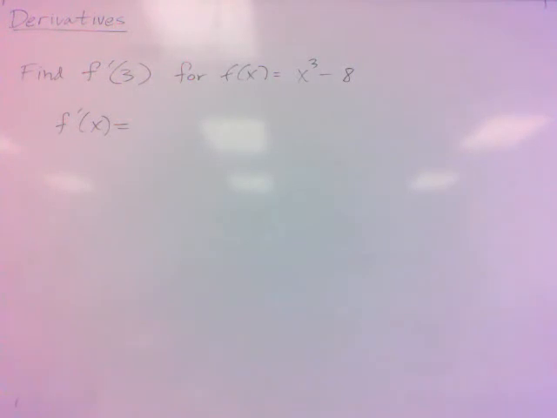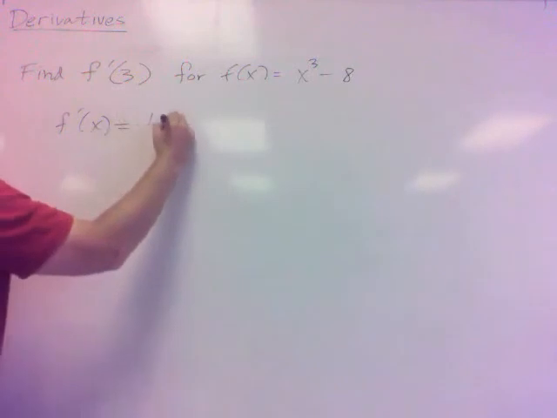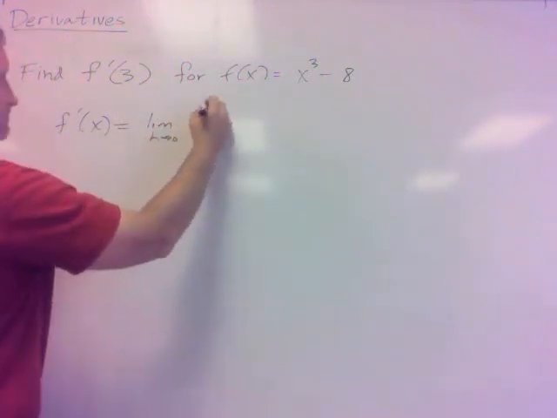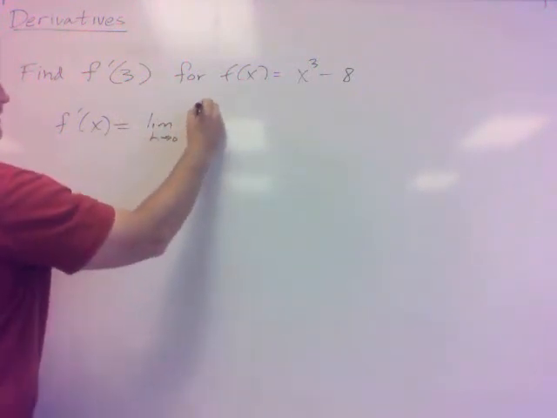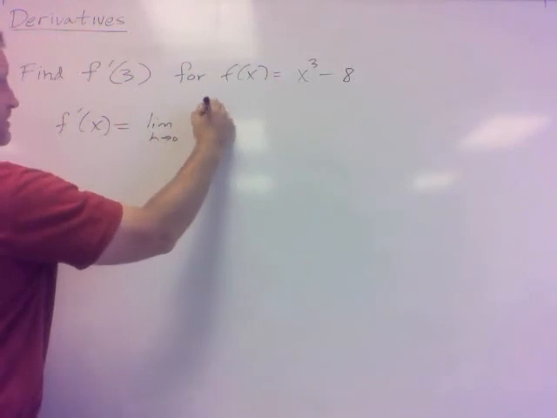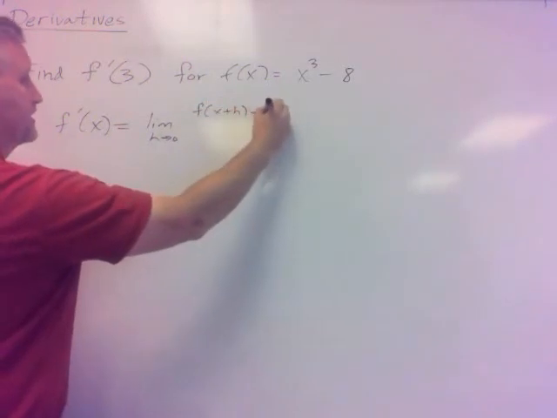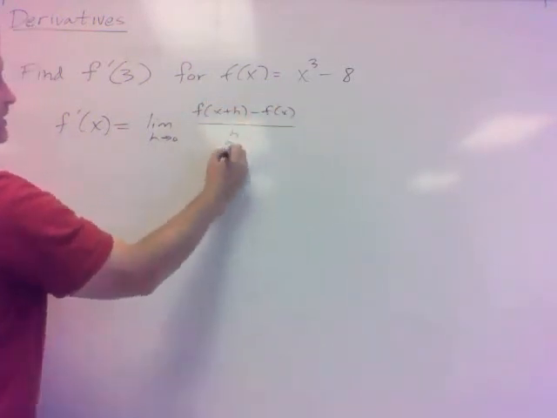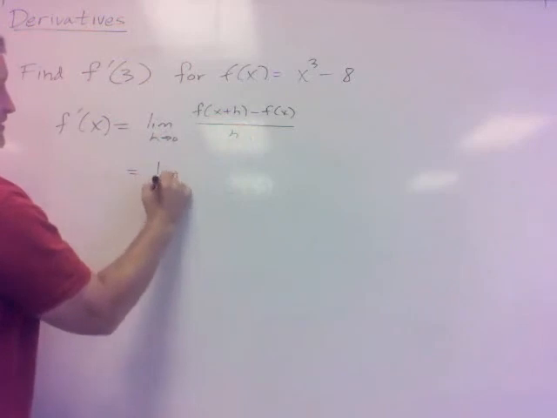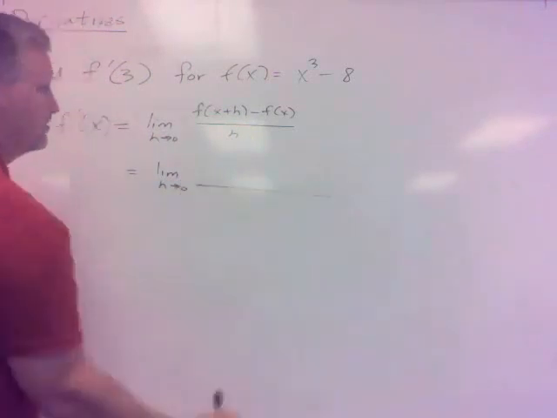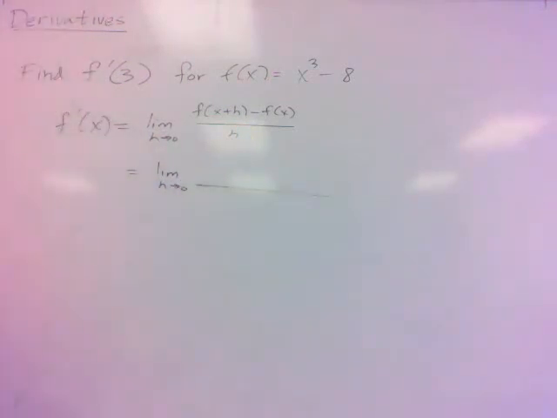So f prime of x, we've got the limit as h approaches 0 of f of x plus h minus f of x over h. So that'll be the limit as h approaches 0 of what in this case?